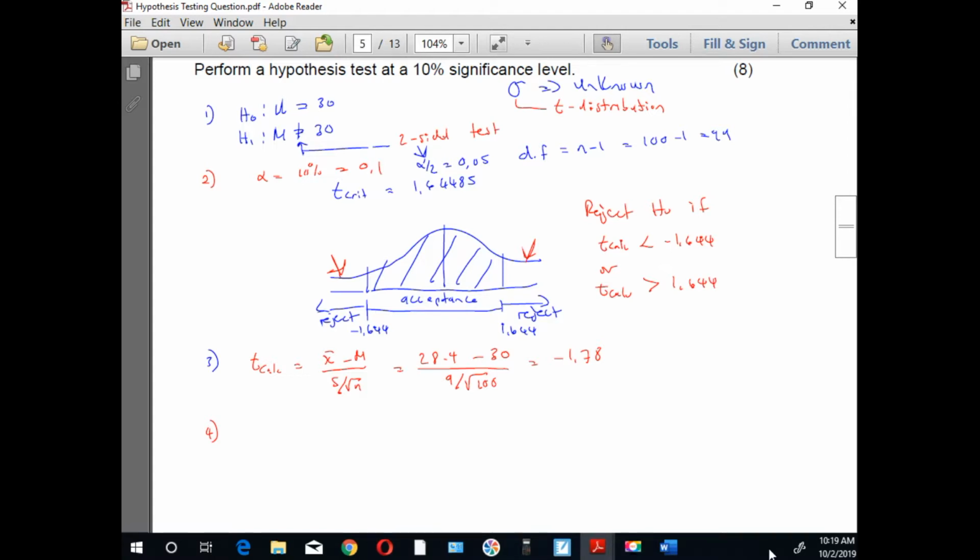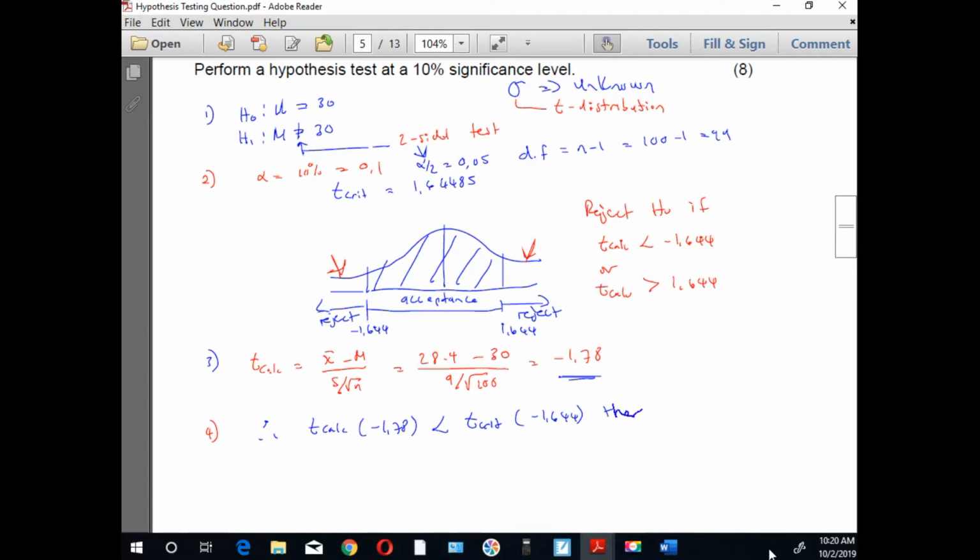That's where we will reject. In our case, the t-calc that we got, negative 1.78, is less than t-critical, which is negative 1.644.